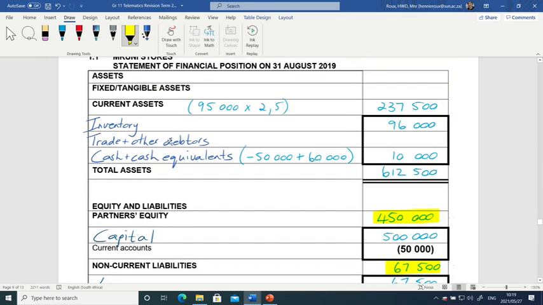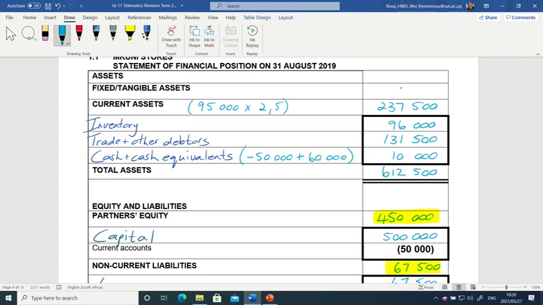At the top, we still need to complete this one, but now there's a space. They didn't give me any information on debtors, but I know 237 minus those two will give me the debtors, the missing amount, 131,500.